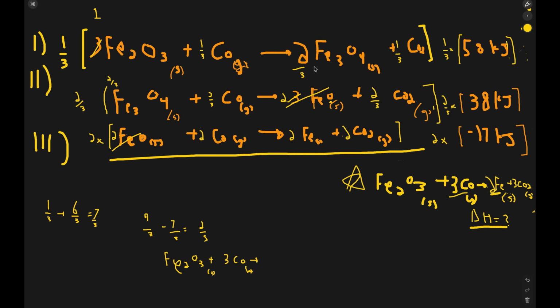And the 2/3 Fe3O4 also cancels out, so that's good. And we're left with 1/3 carbon dioxide plus 2/3 plus 2 makes 3. And we have 2 iron, which is the equation that we want.